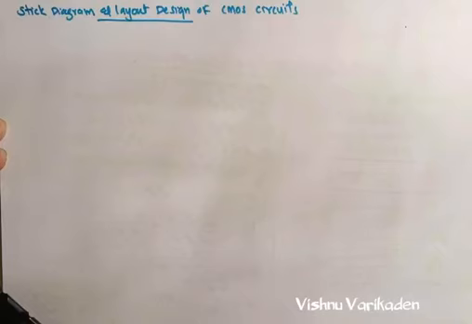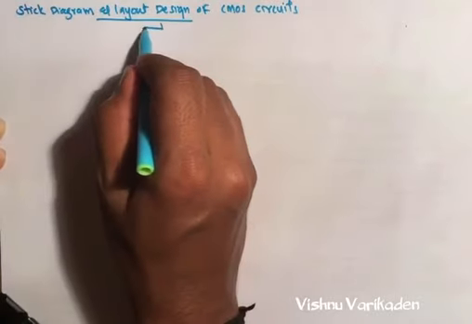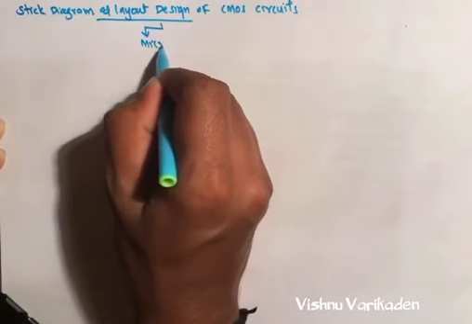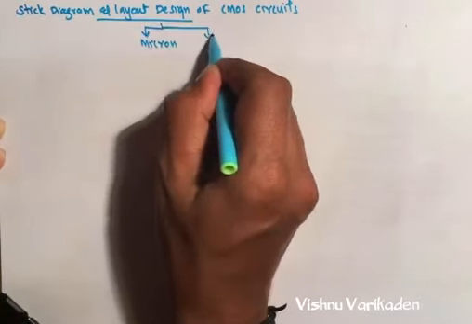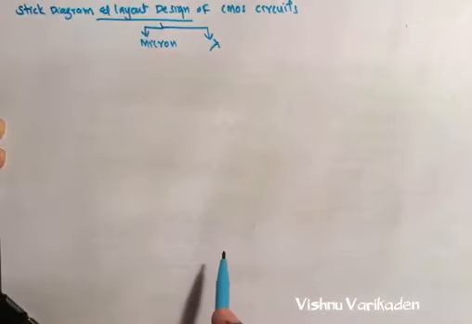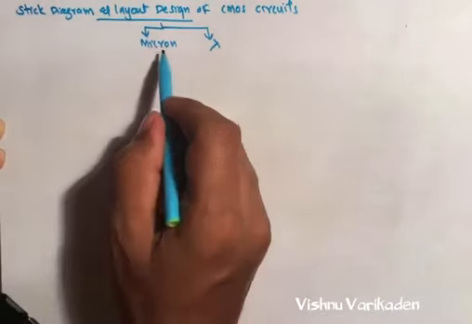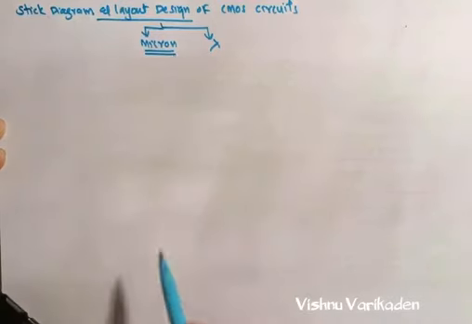There are two types of layout design rules, that is lambda based design rules and micron based design rules. In the micron based design rule, the entire layer sizes are predefined or standard.